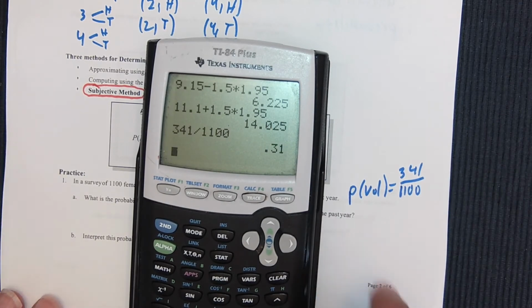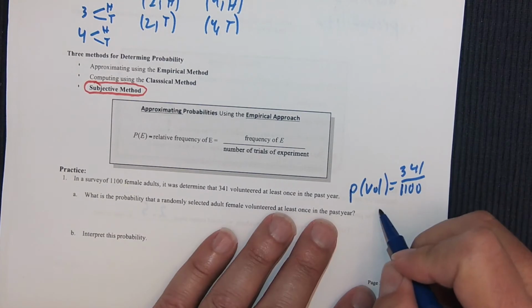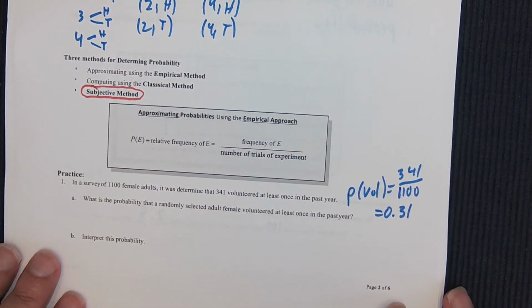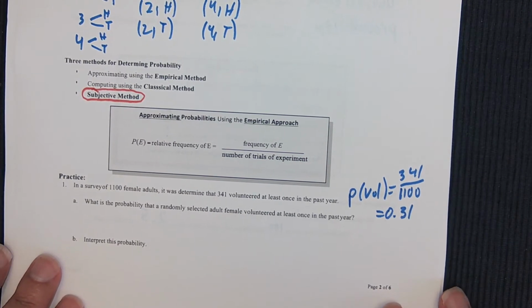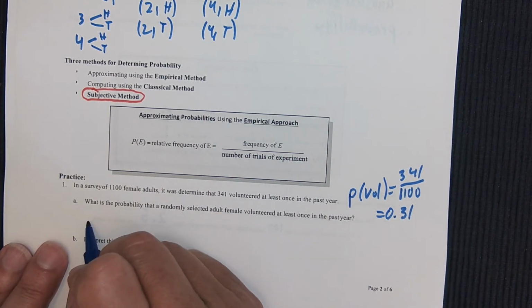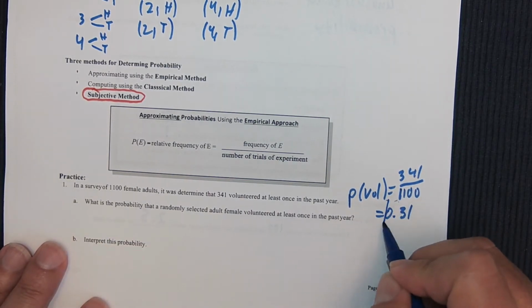So 31%, or 0.31. What is the probability that a randomly selected adult female volunteered at least once in the past year? Well, actually, I just did that here. So this is actually part A.